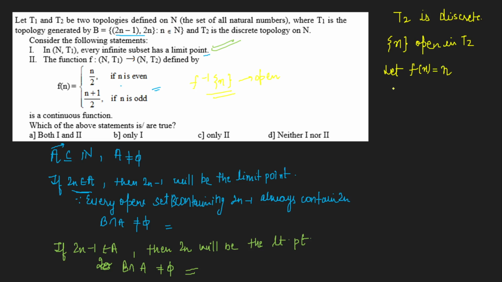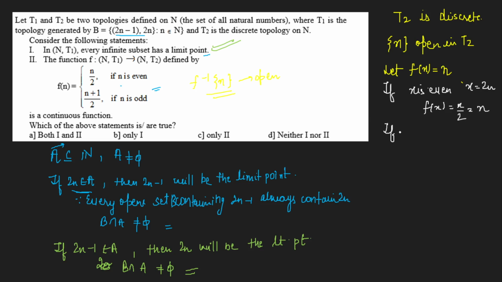When x is even, because if x is even, I can take x is equal to 2n, that means I'll get f(x) is equal to x by 2, that is n, right?